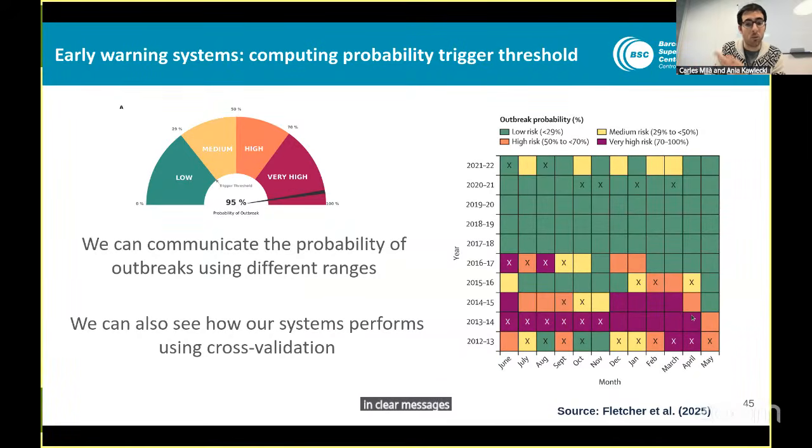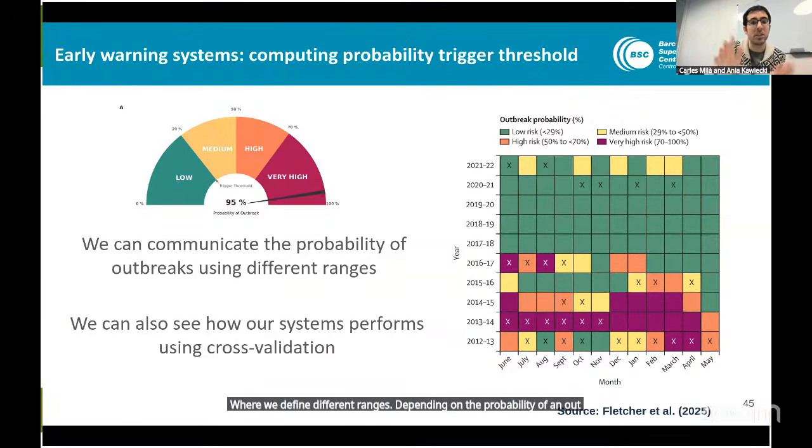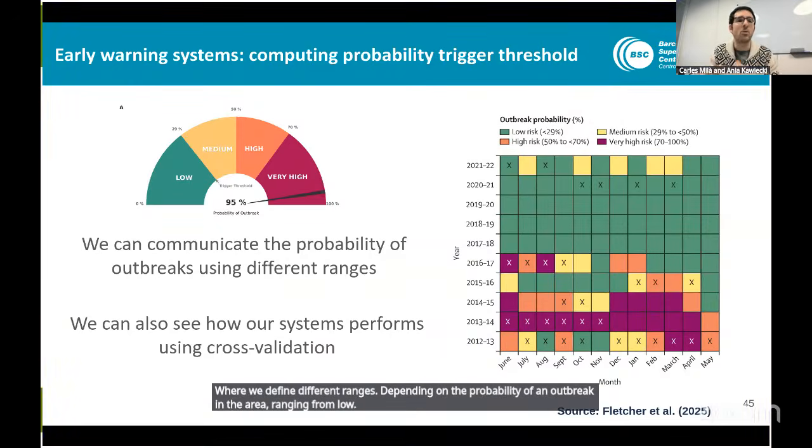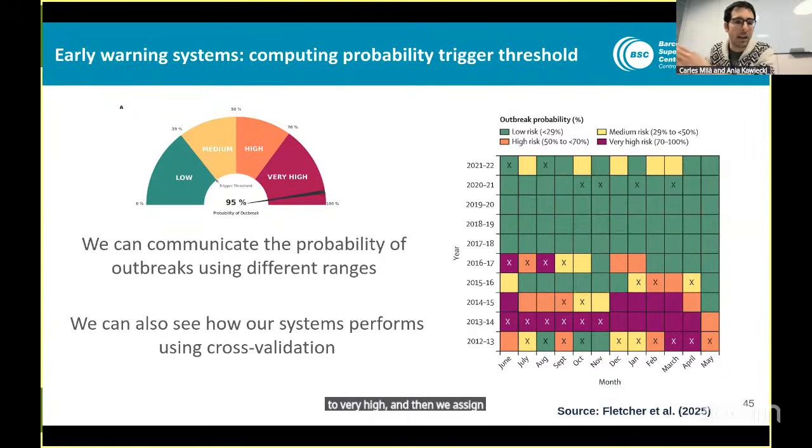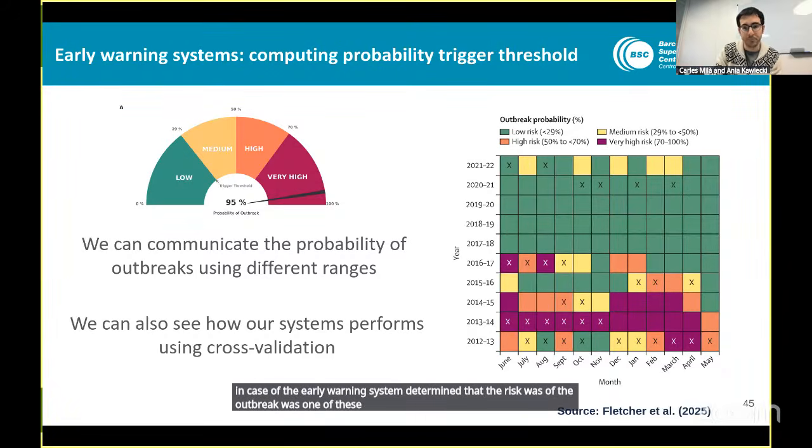Here we have, again, one example for dengue in Barbados, where we define different ranges depending on the probability of an outbreak in the area, ranging from low to very high. Then we assign color categories that directly link to that risk profile. We also link that risk profile to specific actions to take in case the early warning system determines that the risk of an outbreak is one of these 4 categories.